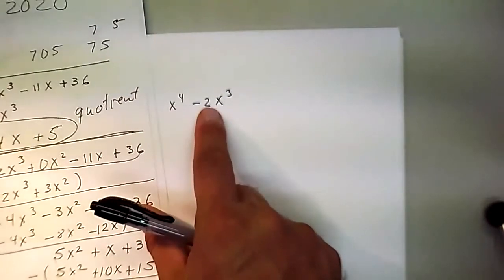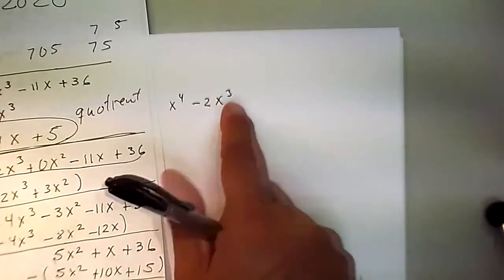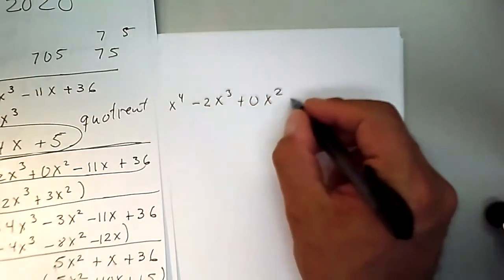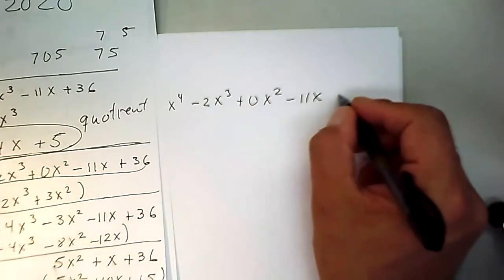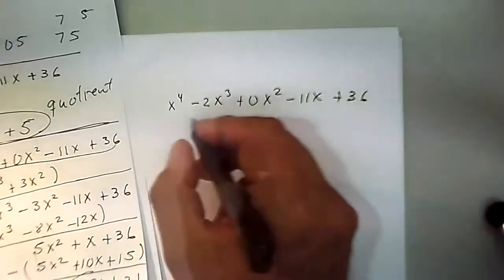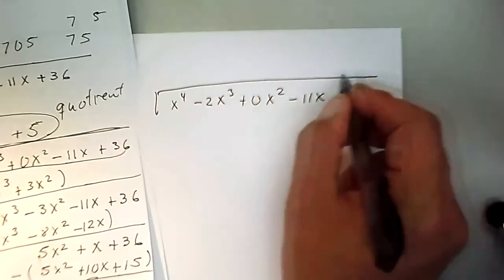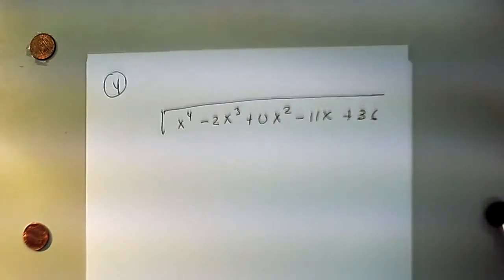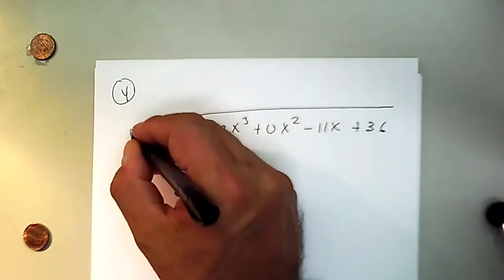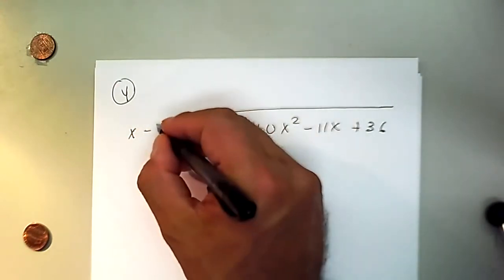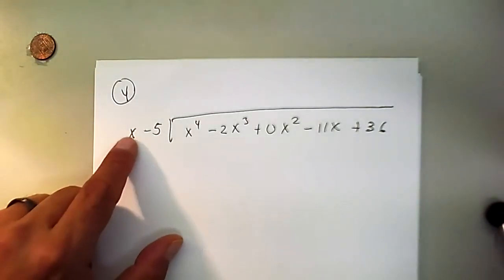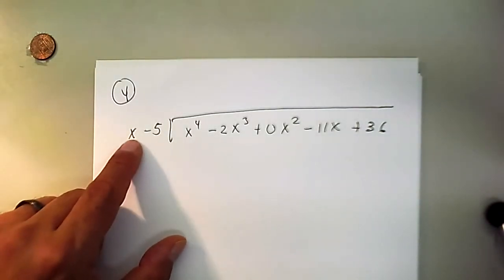There is no x squared, so we're going to put 0x squared minus 11x plus 36. And this time we're going to divide by something very simple: x minus 5. This is a very unique kind of factor.